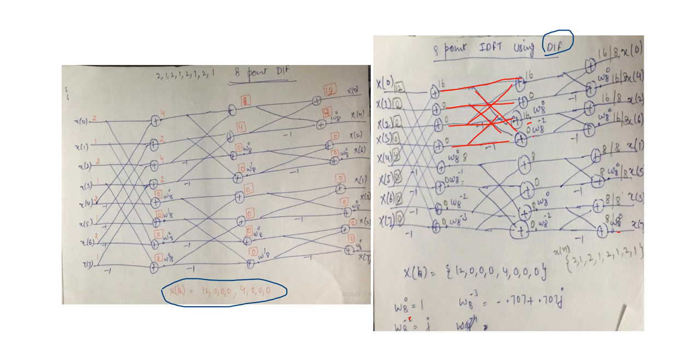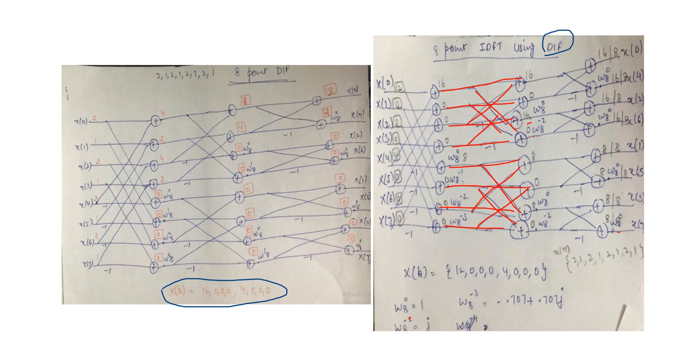Here 8 plus 0 is 8. 0 plus 0 is 0. This 8 is coming from this side and 0. 8 and 0 is 8, and this 0 is coming from this side and 0 is this 0.